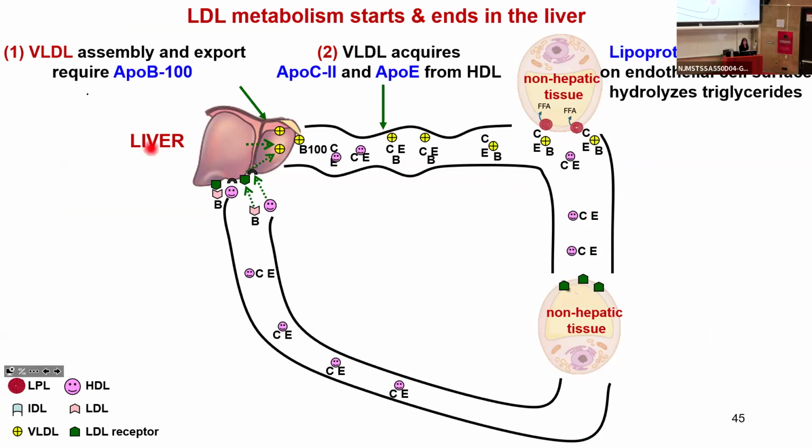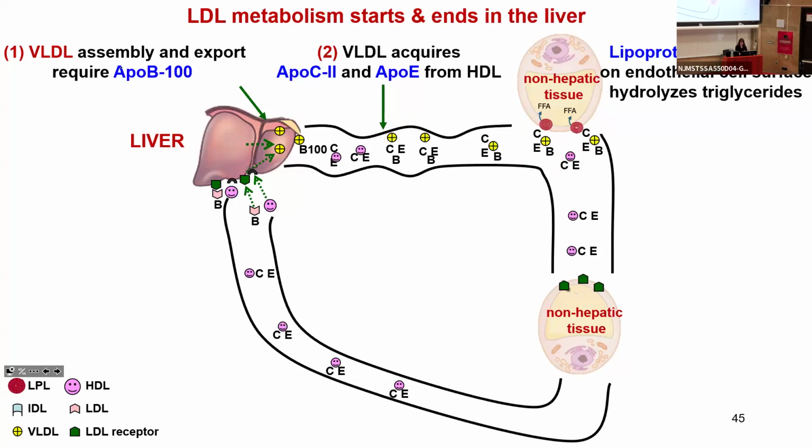So VLDL, the very low density lipoprotein, it has the ApoB100, right? ApoB100 is the one that's kind of a sign for those particles that could be risk factors. You kind of want to keep the level low. And as it leaves the liver, circulating throughout the blood, it acquires ApoC2 and ApoE from HDL.